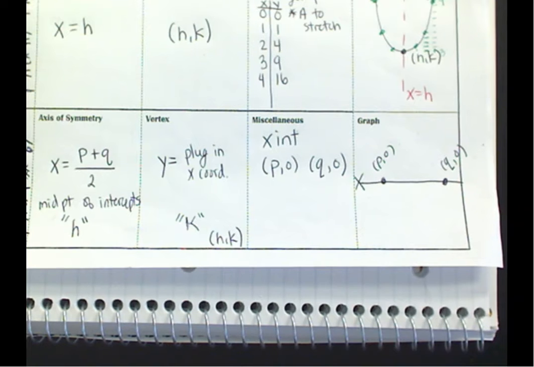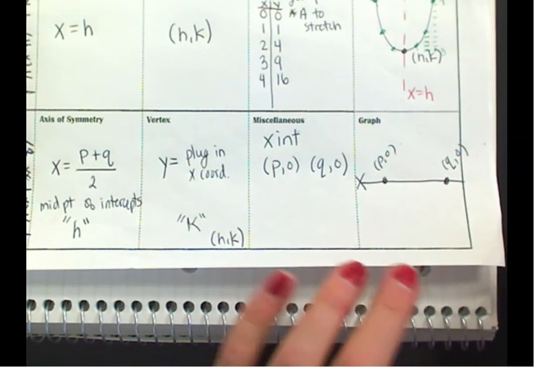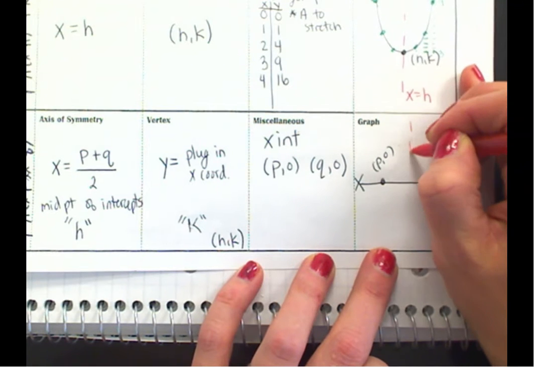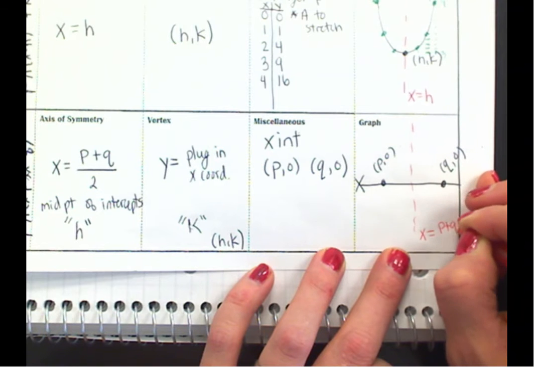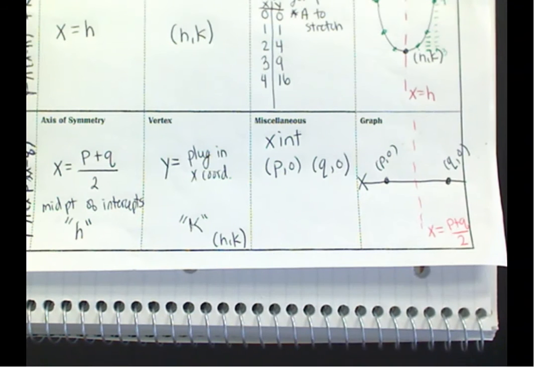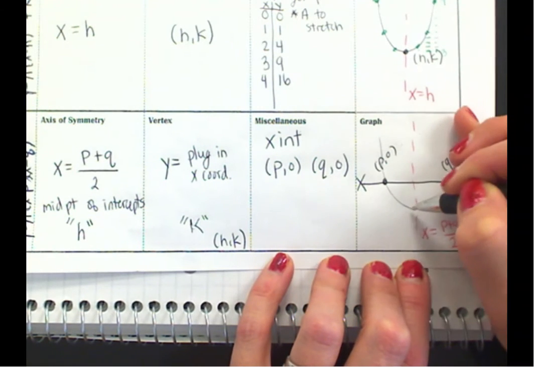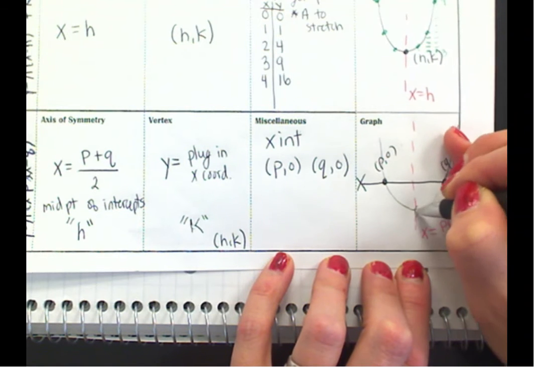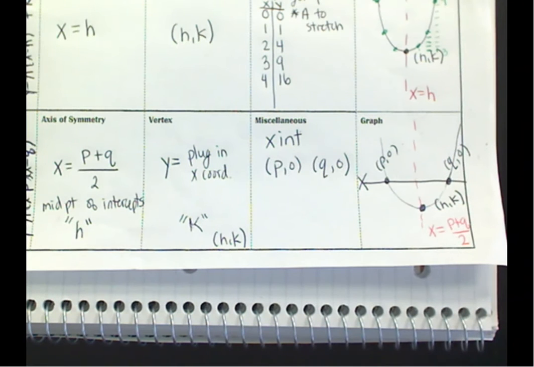Keep in mind, what would you do first, second, or third when you are graphing these? Well, first I plot my x-intercepts. Then I find my center. Then I actually find my parabola. HK. Notice that the only one of these graphs that has more than 3 points is vertex form.